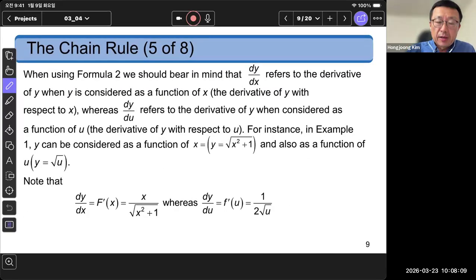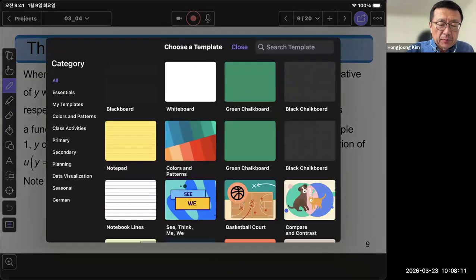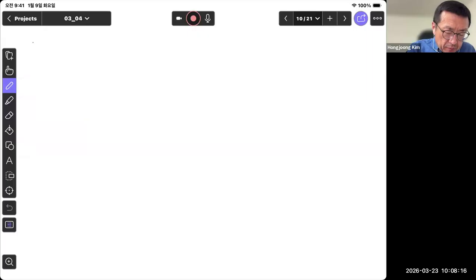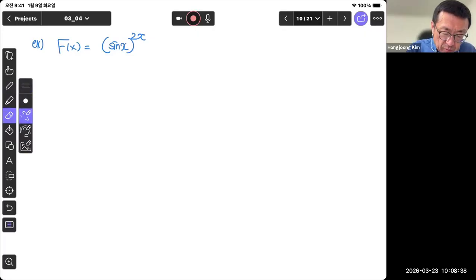Okay. Before we go to the next part, let me consider some examples. Suppose that f of x is given by sine x squared, say. Oops, not 2x. Sorry about that. Say 2.